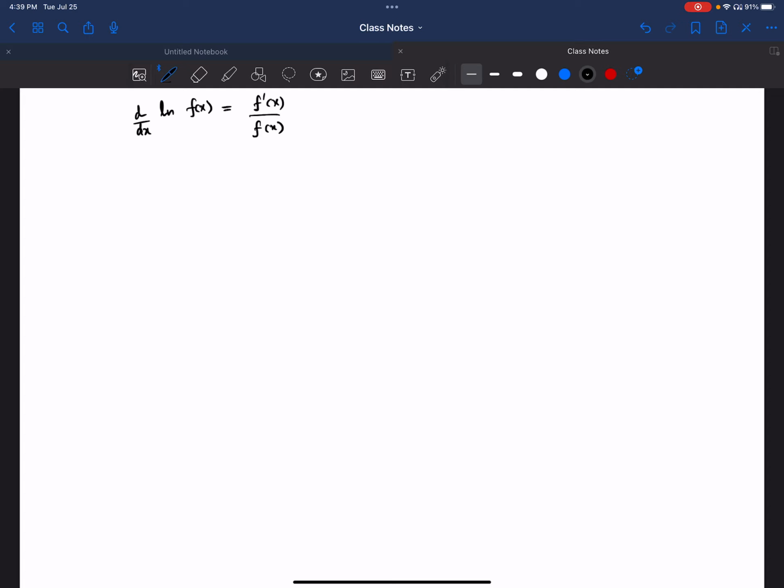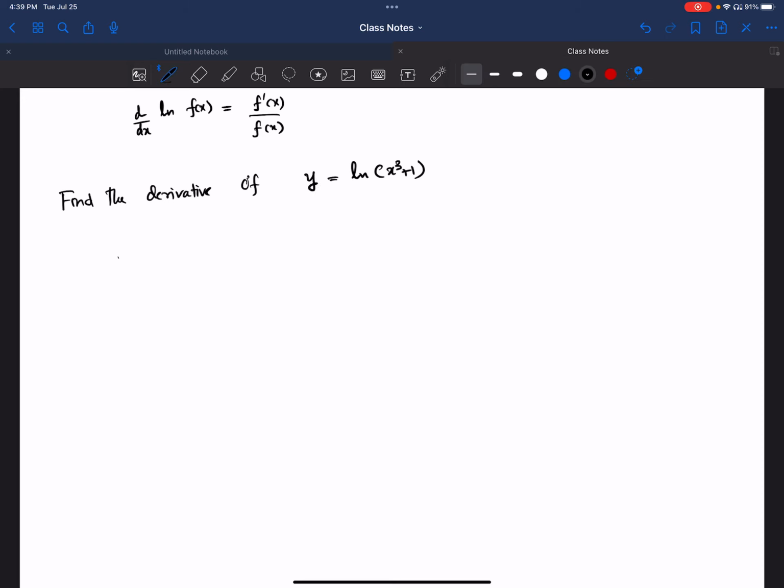So let's find the solutions for these. Find the derivative of y equals natural log of x cubed plus 1. So this is y equals.